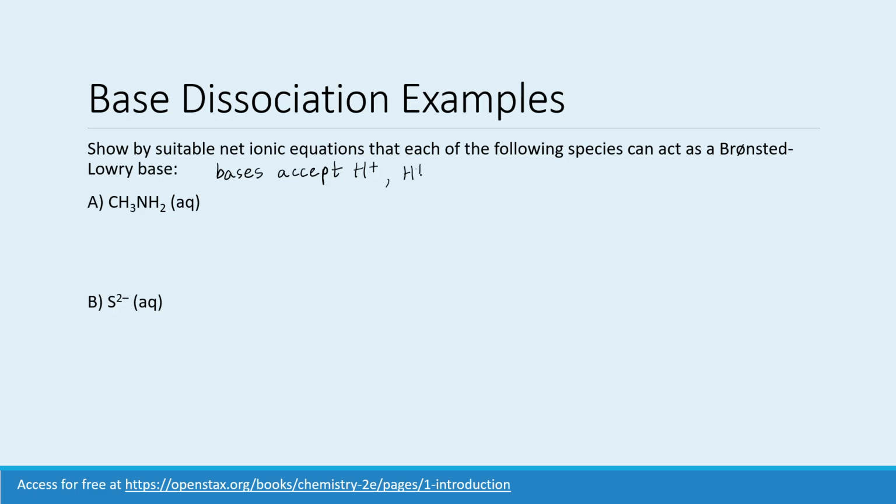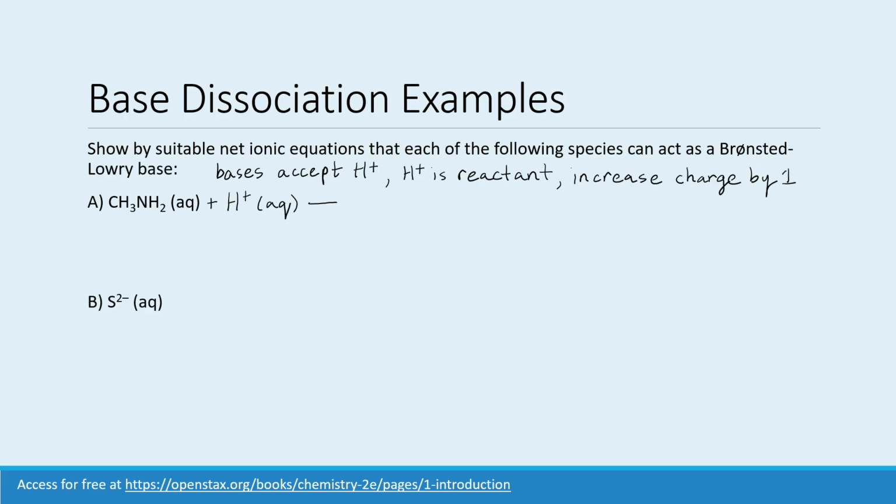So H+ is a reactant in this case. And that means that if we're adding an H+ to our reactant species, then we need to increase the charge by 1 in our product. Okay, so for the bases, we're going to add an H+ on the reactant side.